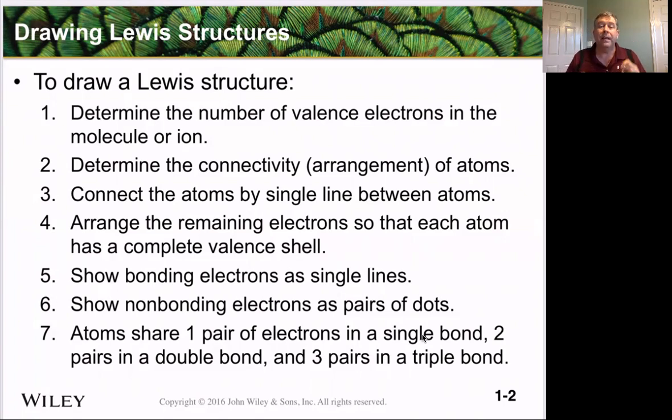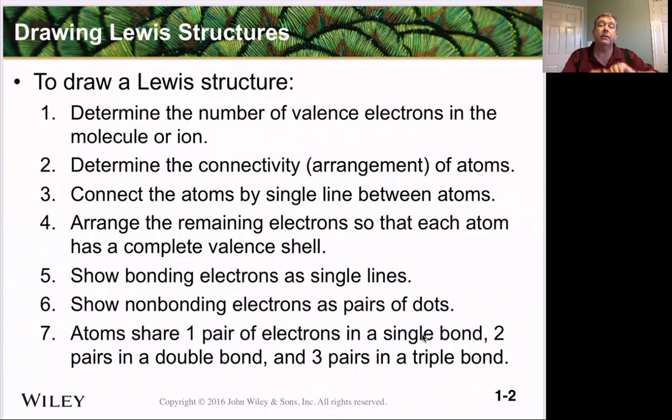We then need to take into account the connectivity, basically which atoms are attached to which atoms. Once we figure that out, we connect each of the atoms with a single line. That represents a covalent bond, and that single line represents 2 electrons, so we need to keep track of that.